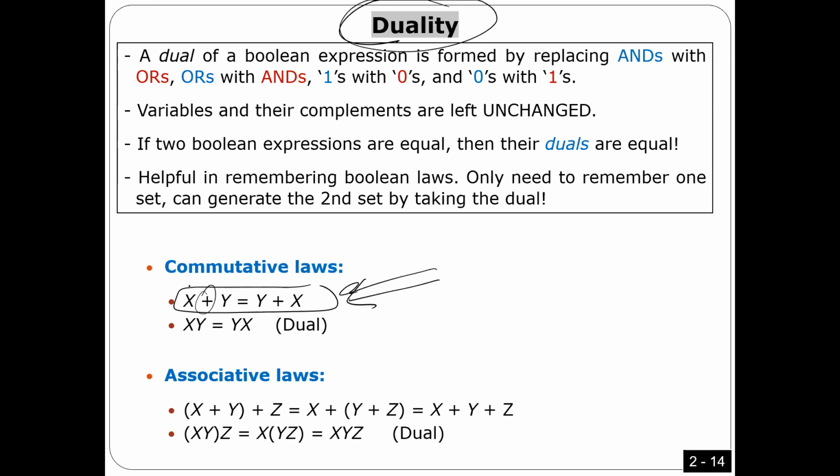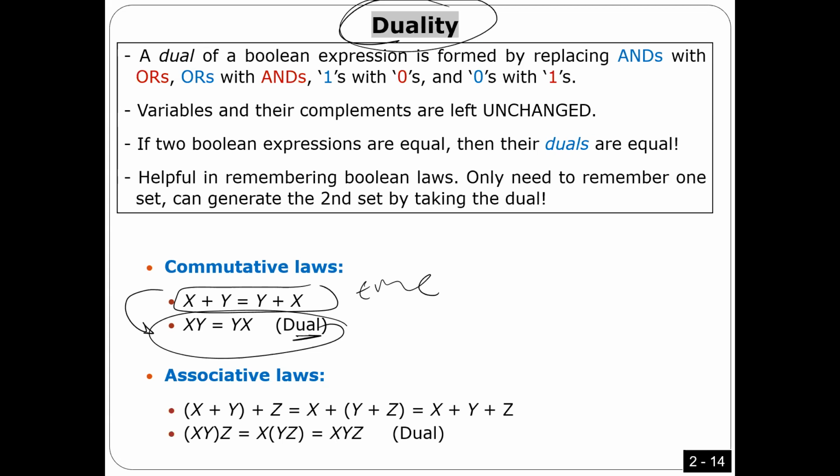Using this, if this rule is true, I can create another rule. We call it the dual. For every statement we have, I can make another one, we call it the dual. So if this one is true, this one is true.